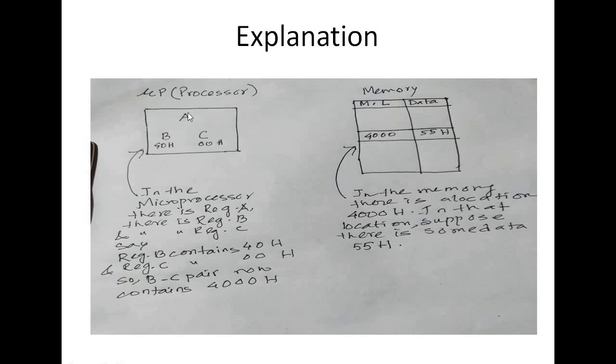In the processor we have the accumulator, register B, and register C. In register B we have data 40H, in register C we have data 00H. So the total BC pair makes the data 4000H. Now you have a memory unit, and in that memory unit we have a memory location, say 4000H. In that 4000H, let us say there is some data 55H.